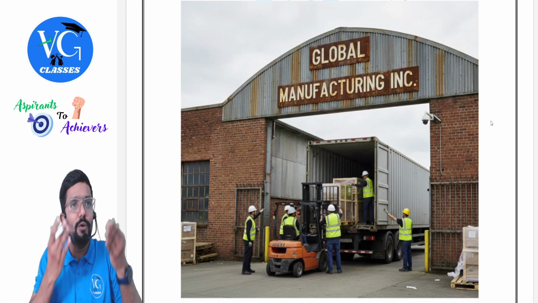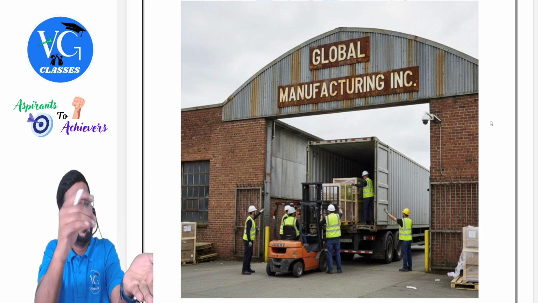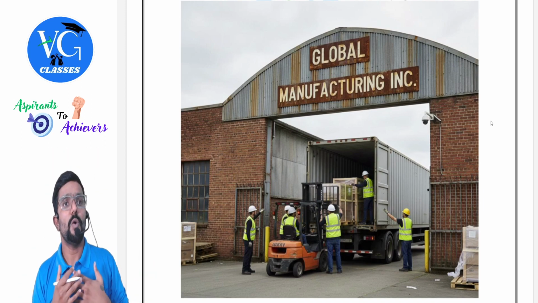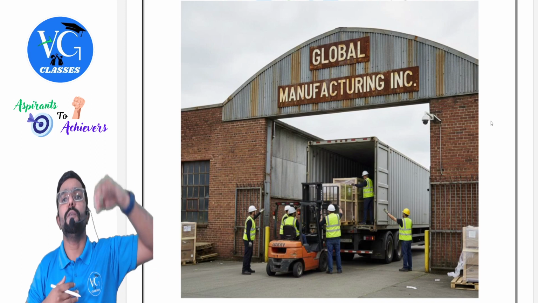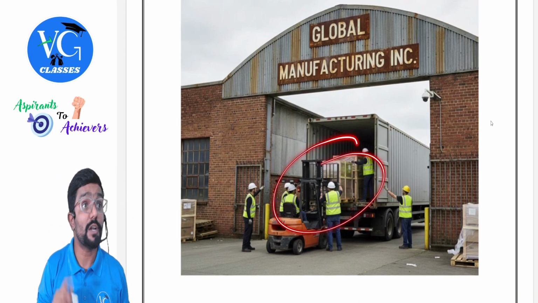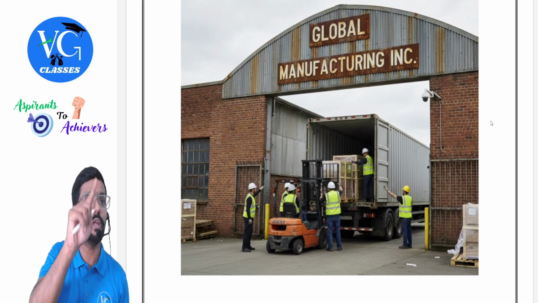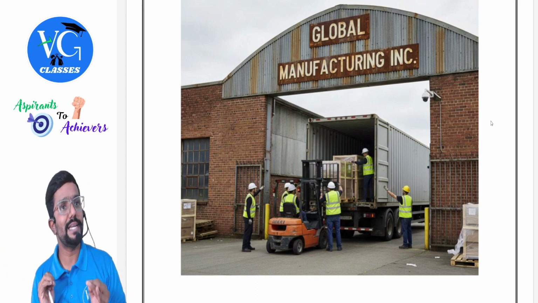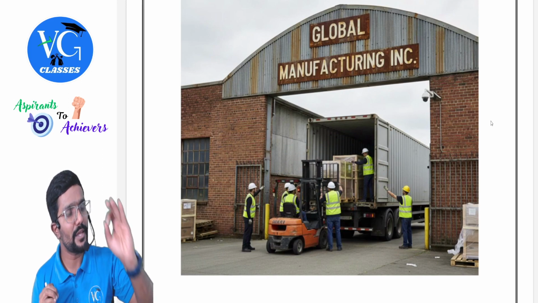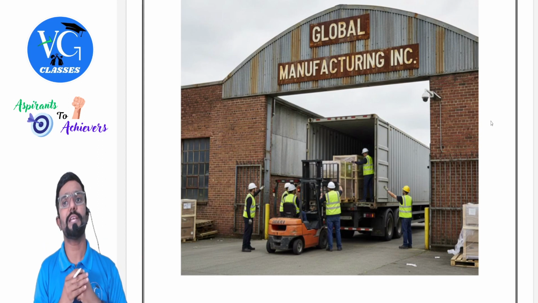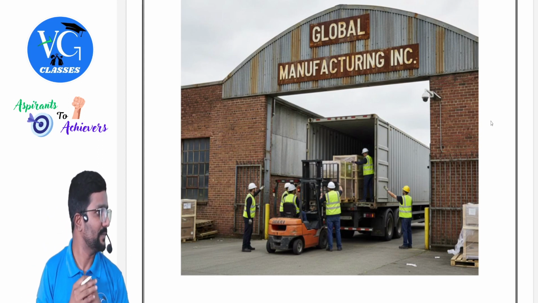Once the supplier handed over the goods to the transporter, the transporter will go and deliver it to the recipient. So the supplier's responsibility will end when it is handed over to the transporter, not to the recipient, for the goods to be delivered to the recipient. So can I tell the supply is completed at the factory gate of the supplier when he has handed over the goods to the transporter? Yes, supply is completed.